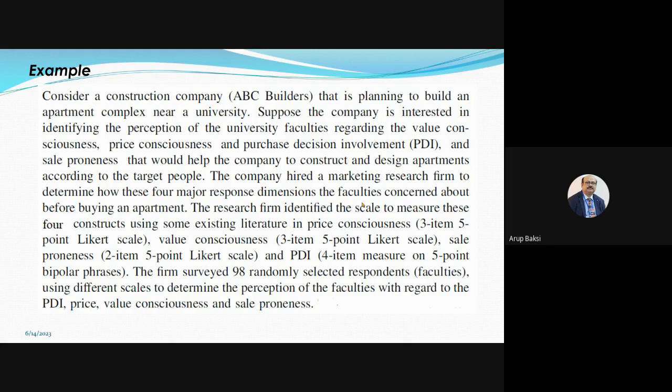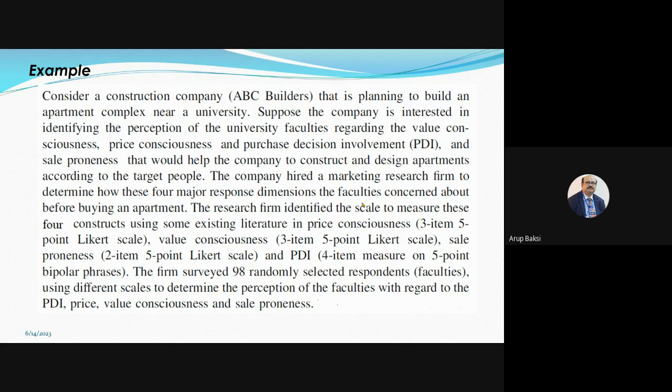Now, when I say item, what basically is an item? Items are the statements against which you will be generating the response, statements which are supposed to capture the notion of the latent construct. So if there are 3 items, that means there are 3 statements which are supposed to explain value consciousness.